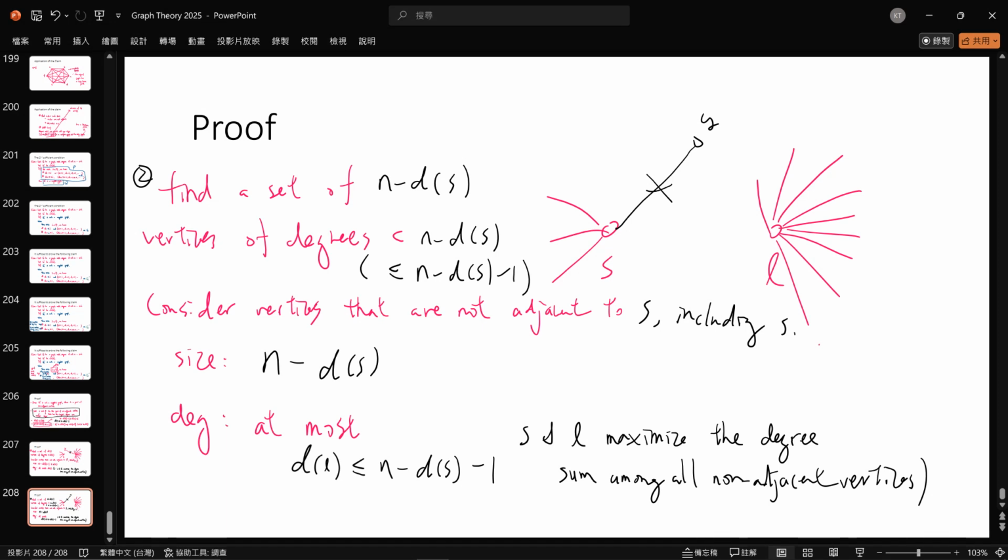So we can change this to this. So the result is that the degree of the vertices in the set is at most n minus ds minus 1, which is the desired result. Okay, so that's the proof.